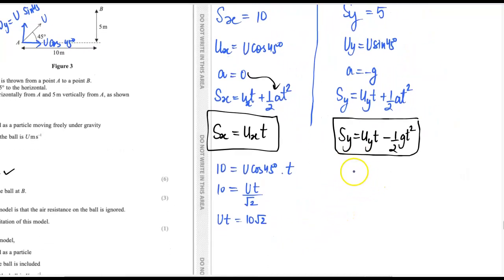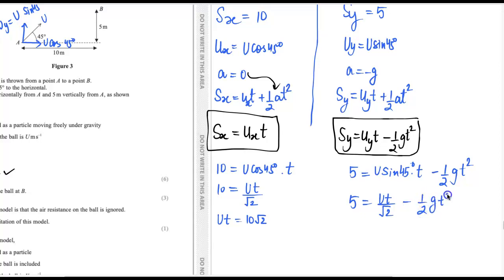Now let's talk about sy. Sy is 5, given to us. Uy is u sine 45 degrees times t minus half g t squared. Substituting the value of sine 45 degrees, that is going to be ut over root 2 minus half g t squared. We have already found the value of ut, so can we just substitute it there?